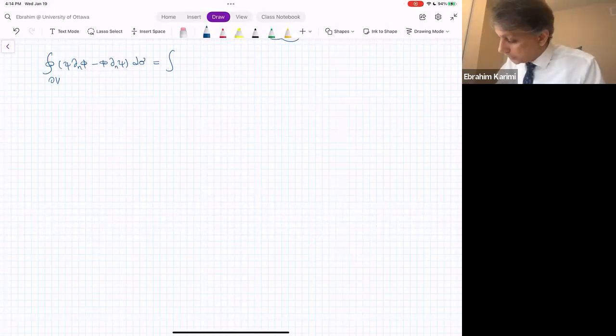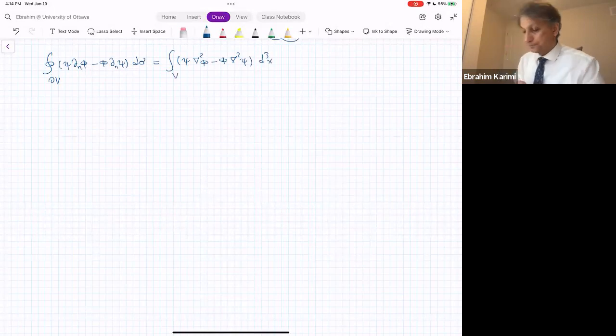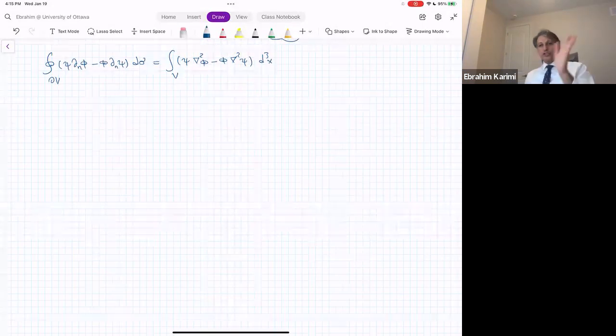So it will be psi Laplacian of phi minus phi Laplacian of psi, d3x, over the volume. Okay, and we just want to clarify and prove that this is a really powerful tool for us.